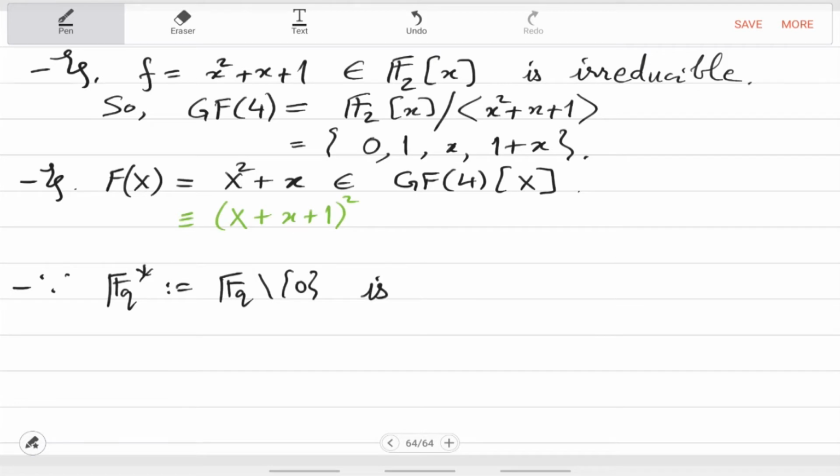Because it's a field, this has to be a multiplicative group, but there is more structure to this. It's a cyclic group of size q minus 1.